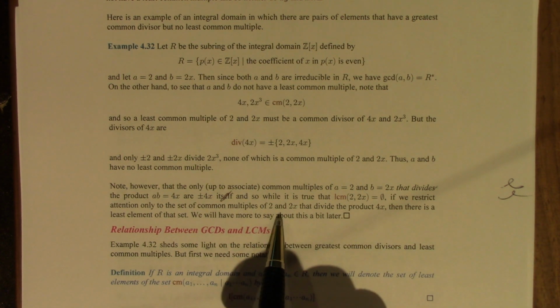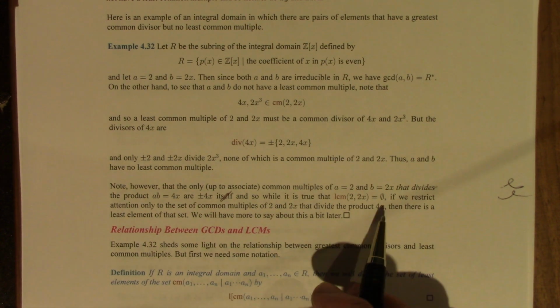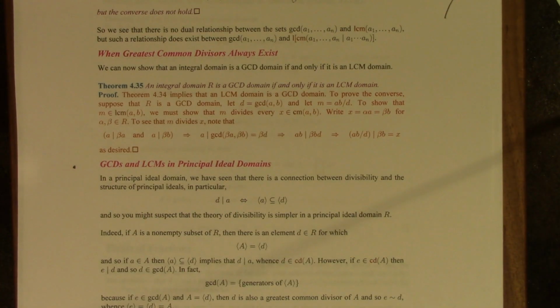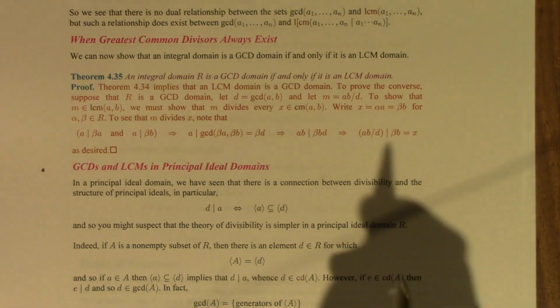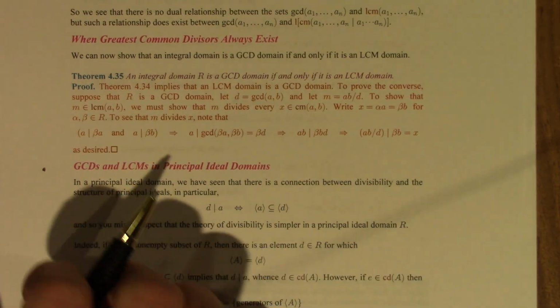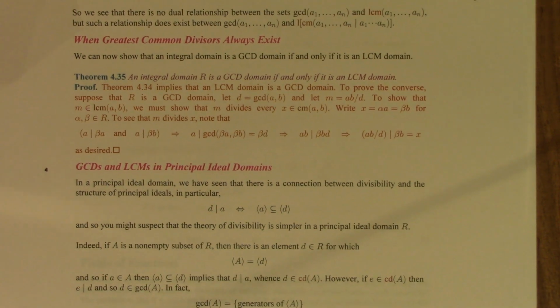And in this case, it does contain a least element in any case. So let us conclude our rather lengthy discussion of divisibility in integral domains by taking a look at greatest common divisors and least common multiples in principal ideal domains.